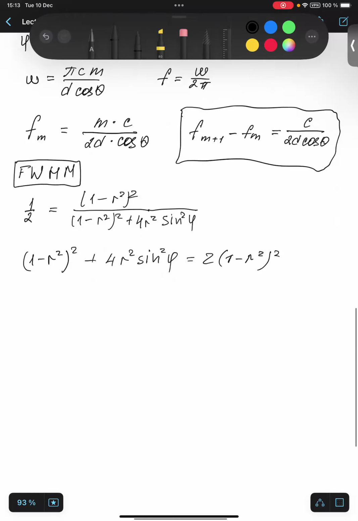From this we can find sine squared phi and 1 minus r squared.